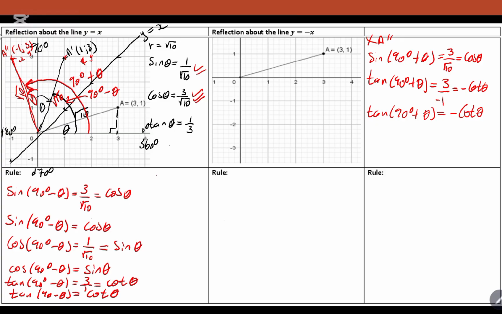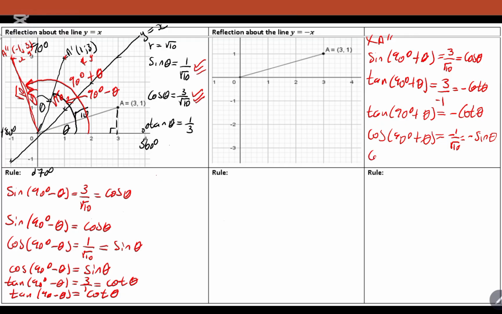The last one is cosine. So we're looking at cos of 90 degrees plus theta. What is cos of 90 degrees plus theta? So it is adjacent over hypotenuse. And in this case, our x is -1 over the square root of 10. And from our original, we know that 1 over the square root of 10 is sine. So this will therefore be negative sine theta.